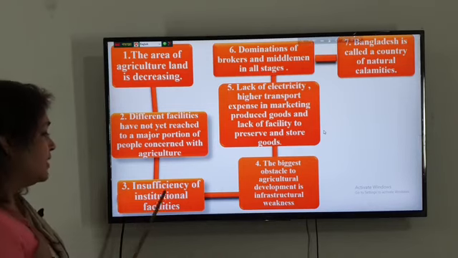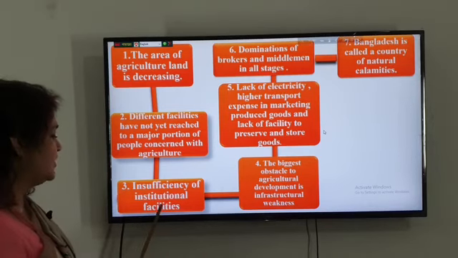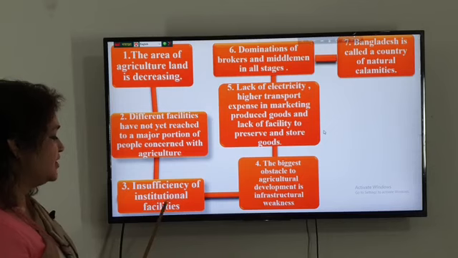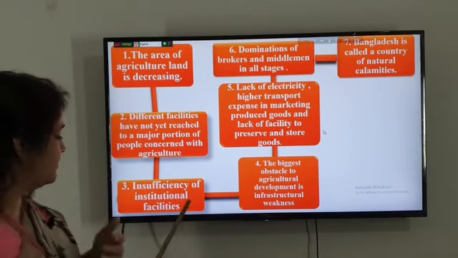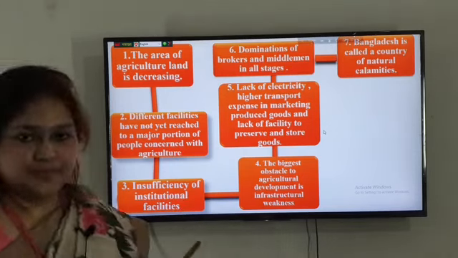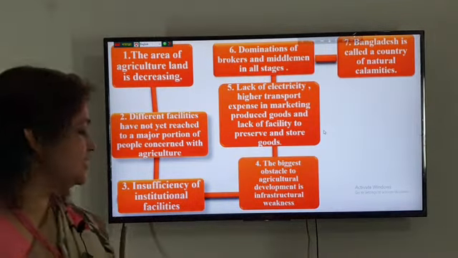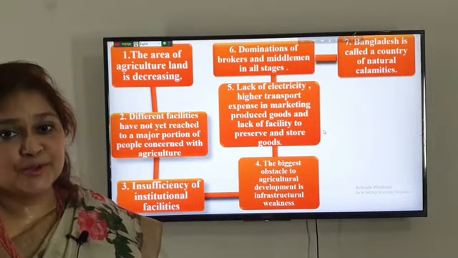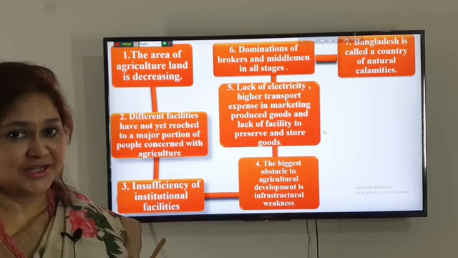Number three, insufficiency of institutional facilities. Institutional facilities means peasant groups and farmers need financial support for agricultural production.